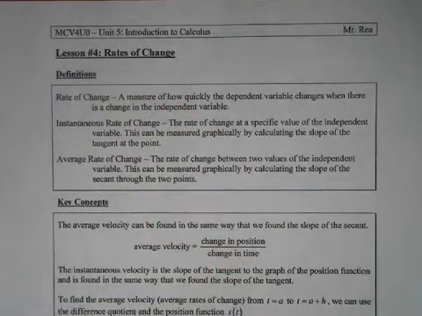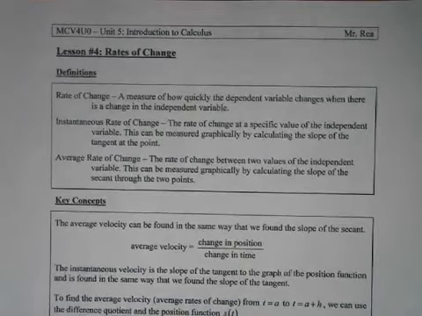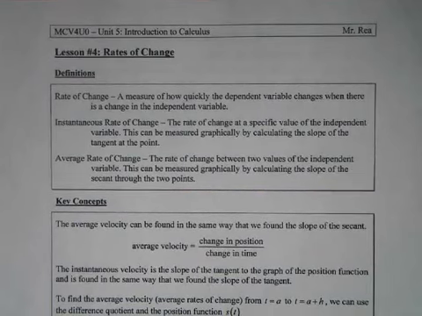Okay. So we're going to continue on with introduction to calculus. We've looked at lessons two and three. We're looking at the slope of a tangent, and we had a new way of looking at that.